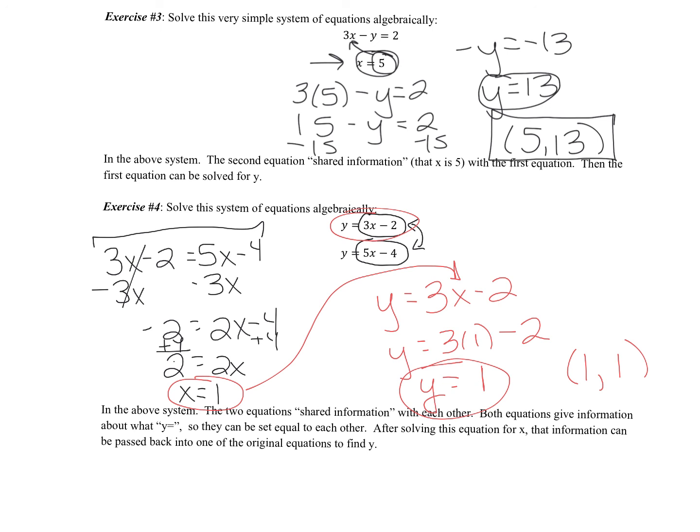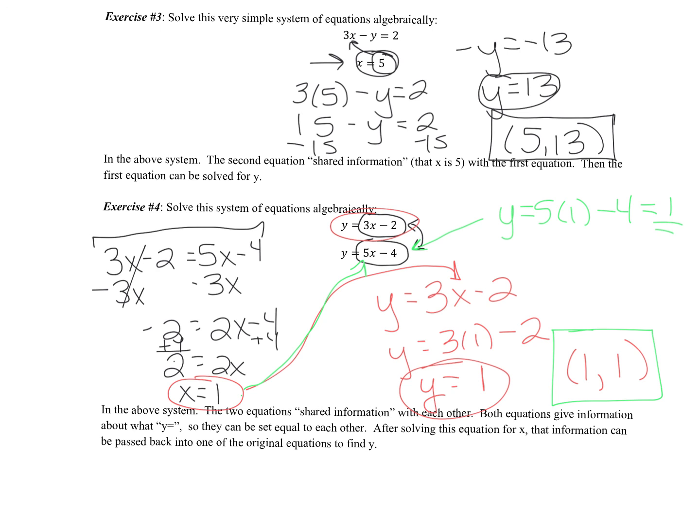We don't usually do this, but since we're getting into the nitty-gritty of things, I just want to point out if I'd taken that 1 and plugged it into the other equation, I would also get 1, and that's always true. As long as my first step was correct, those equations have already communicated, so no matter which one I pick, I'm going to get that 1, the y value that happens to be 1 in this case.